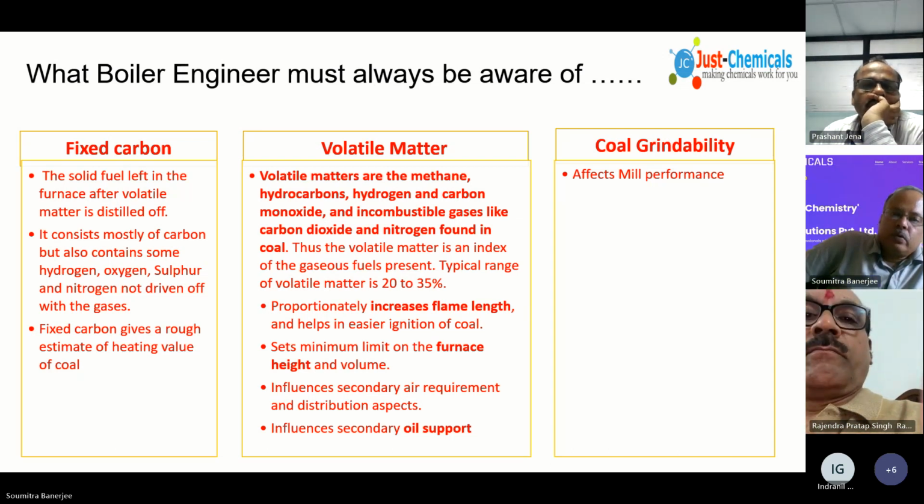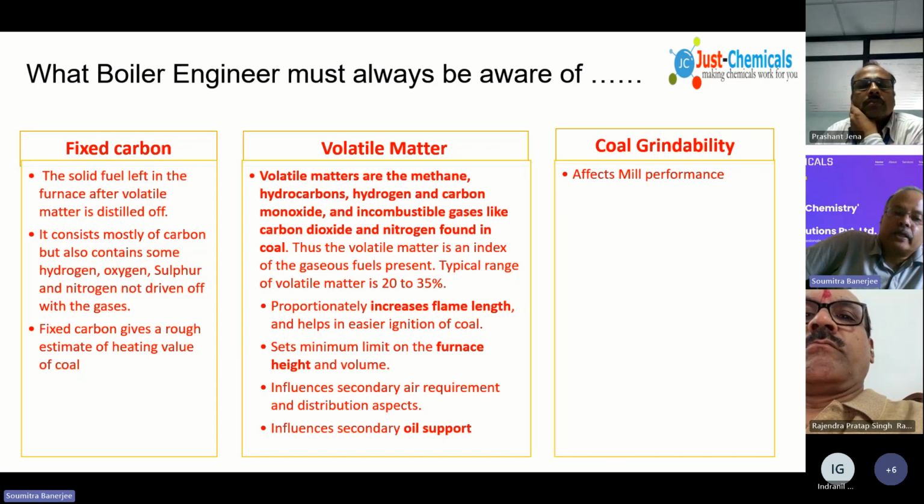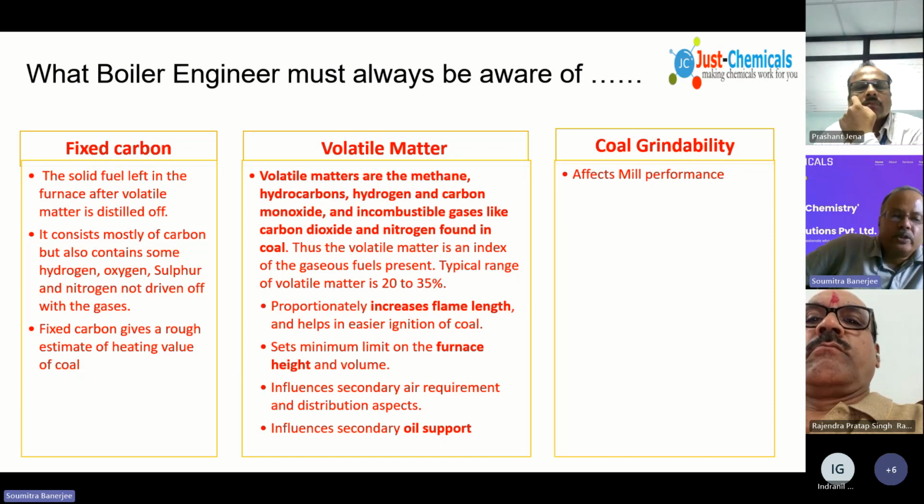whereas the volatile matter, the methane, hydrocarbon, hydrogen, and carbon monoxide, and the incombustible gases like carbon dioxide and nitrogen found in the coal. So the volatile matter is an index of gaseous fuel present, typically in the range of 20 to 35, which proportionately increases the flame length and helps easier ignition.